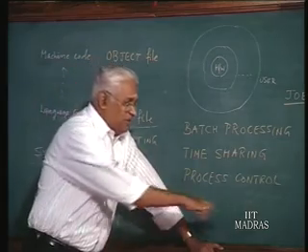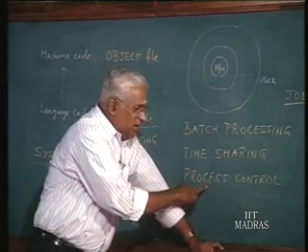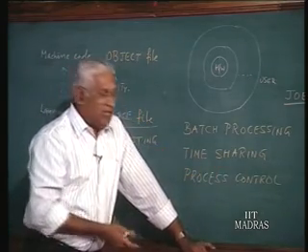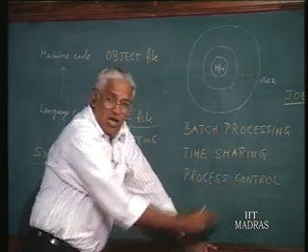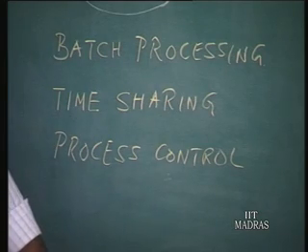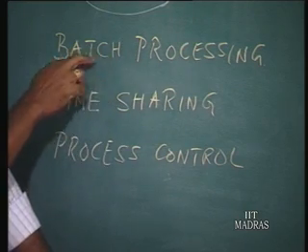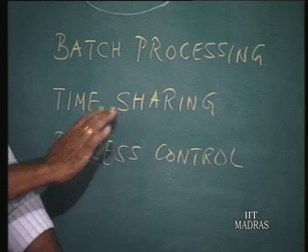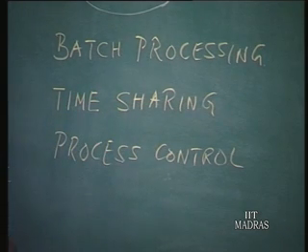All these signals will be coming to the particular system, and the whole process will be controlled by it. Now, this is totally different from the earlier cases. Here the data comes in real time from the external world, whereas in batch processing it is all data which is frozen. In time sharing, it could be either this or that.